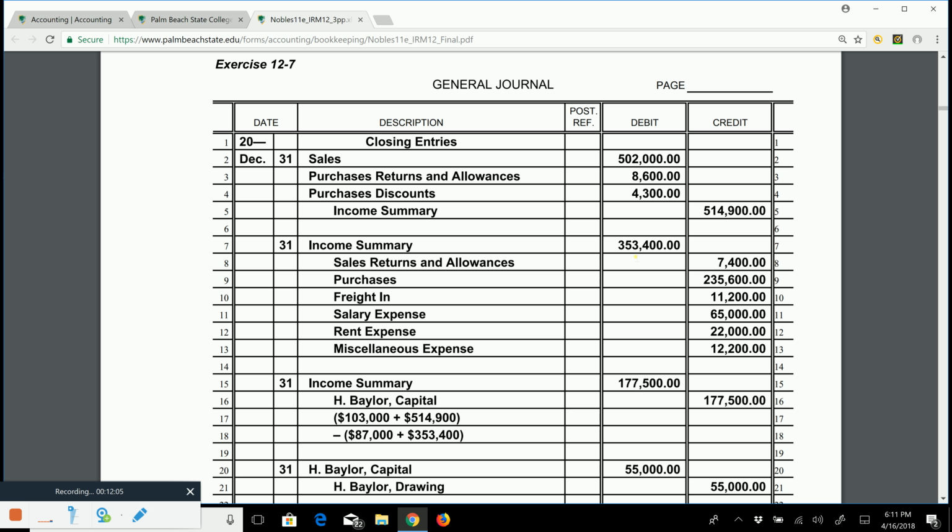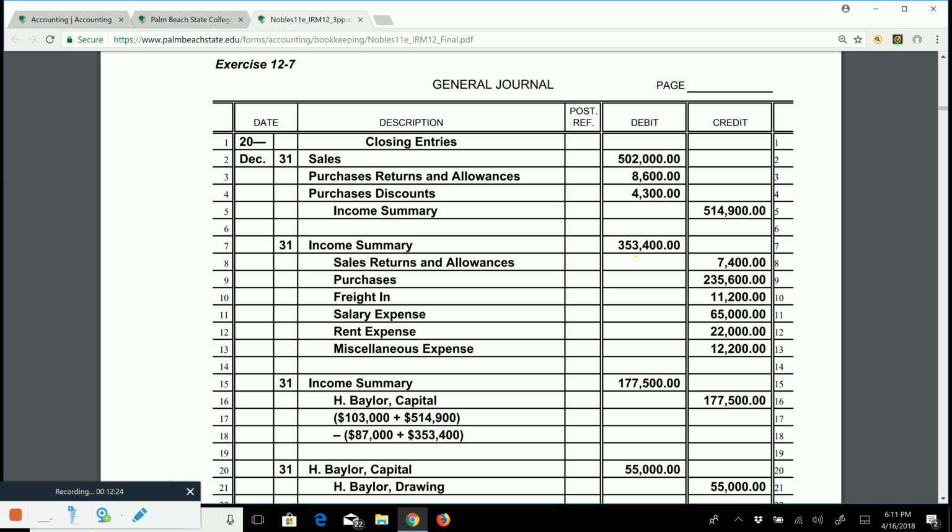It was debited for $353,400, and if you take a look at what was given to you on page 565, it had another credit balance of $103,000, and it had a debit balance of $87,000. So we've got to get rid of all of these debits and credits.